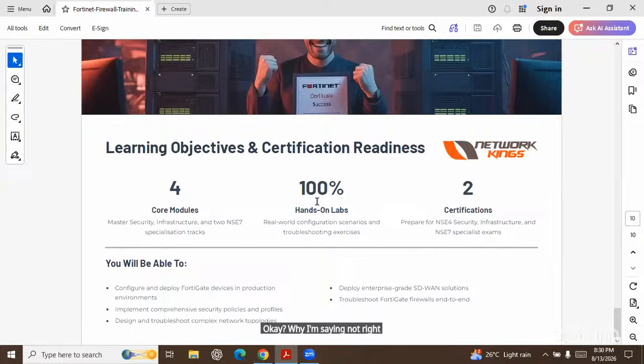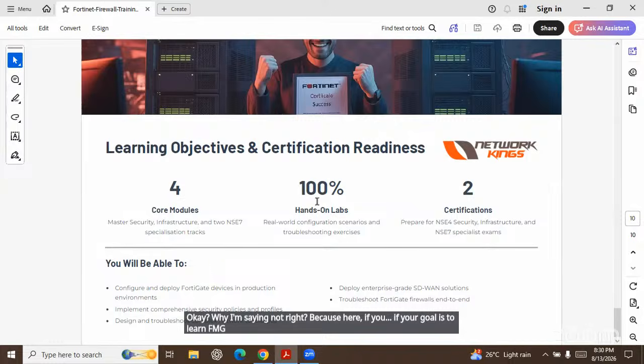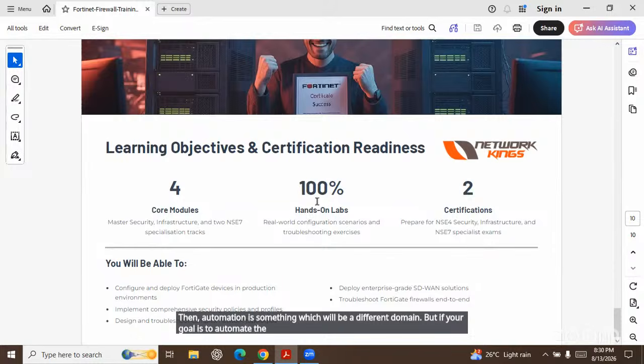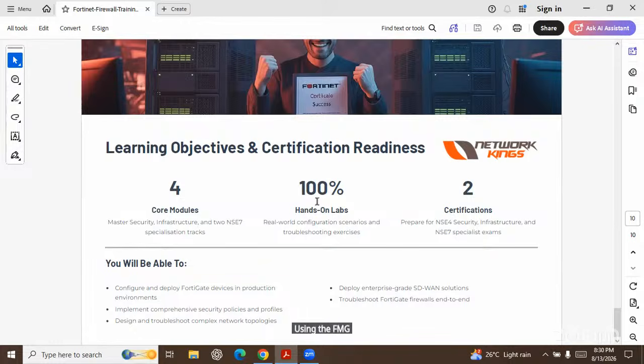Because if your goal is to learn FMG, then automation is a different domain. But if your goal is to automate the entire IaC using FMG, Panorama, SCM, or any other management device, that is also a different domain.